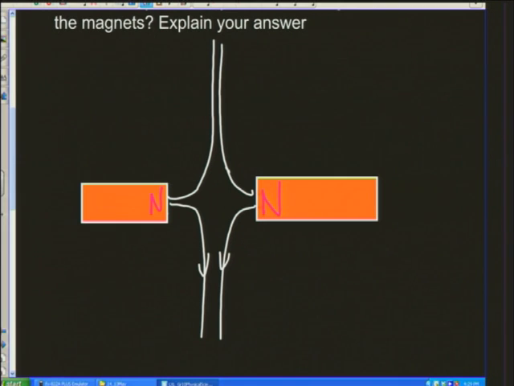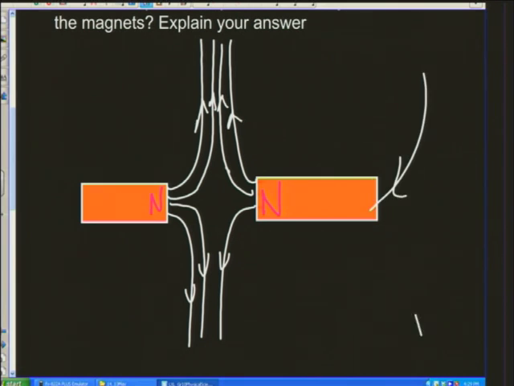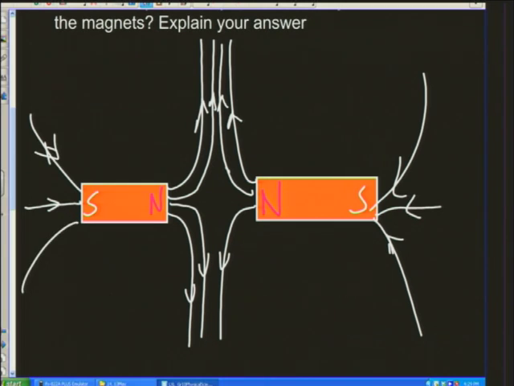They pull each other away, they repel each other. When you get a pattern like this, we're saying there's repulsion. They don't cross over, but they still come in on this side. We're not really worried too much about the south end. We weren't asked to do that. But I need you to understand that they're always coming in at the south end, from wherever.